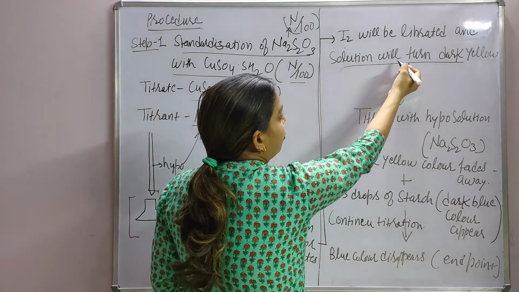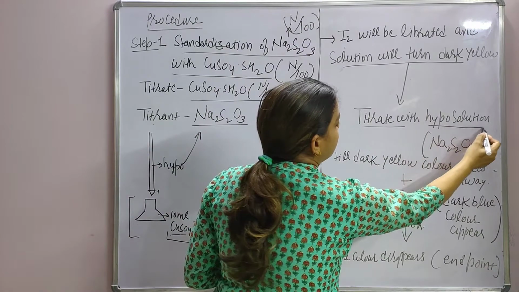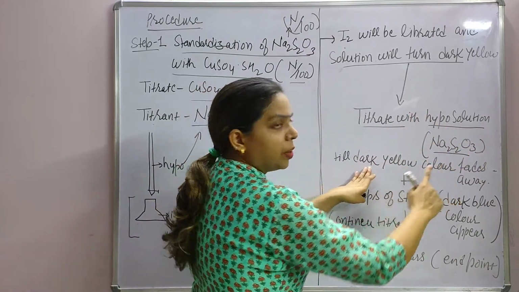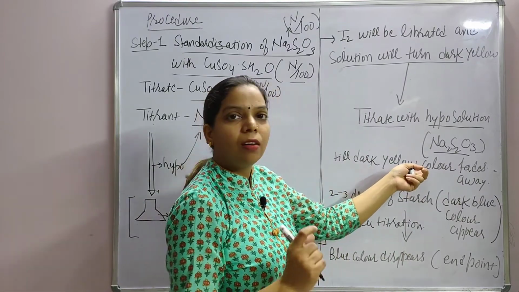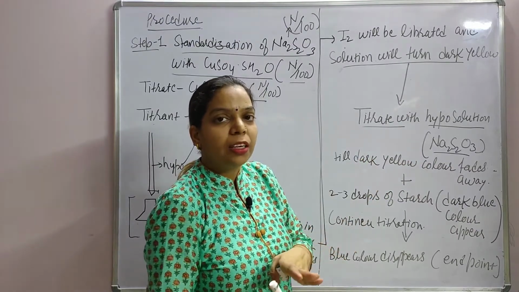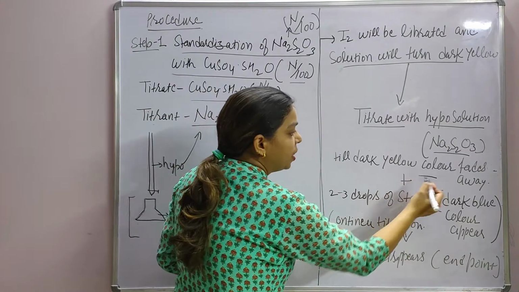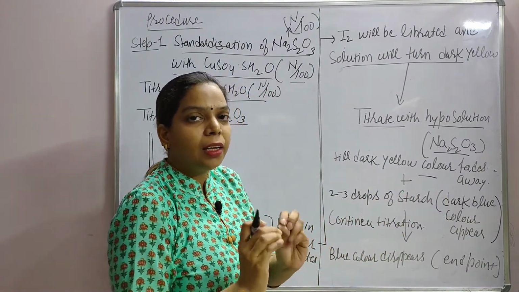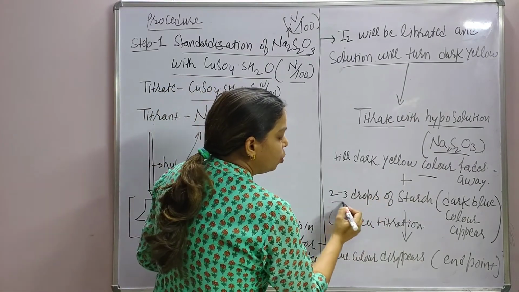So after 5 minutes you will titrate it with the help of hypo solution till the dark yellow color fades away and it becomes light yellow. Light yellow means we are not able to find the sharp end point. So to find the sharp end point, when the yellow color has not completely disappeared but is very light yellow, we add 2 to 3 drops of starch.